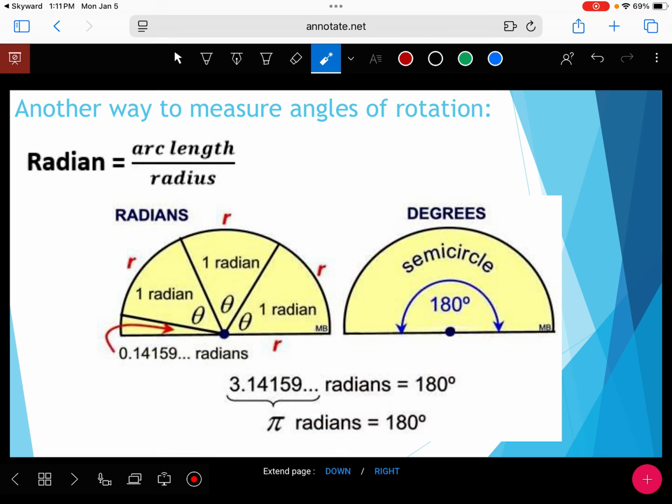The only thing you should write down from this slide is that pi equals 180 degrees. That is your unit of conversion. From radians to degrees, 180 degrees is equal to pi. So where you have 180 in degrees, in radians I'm just going to call that pi, because 180 degrees is pi.